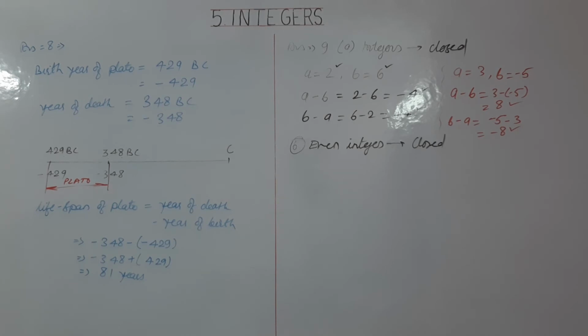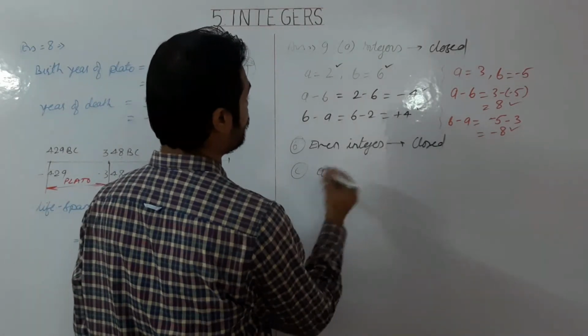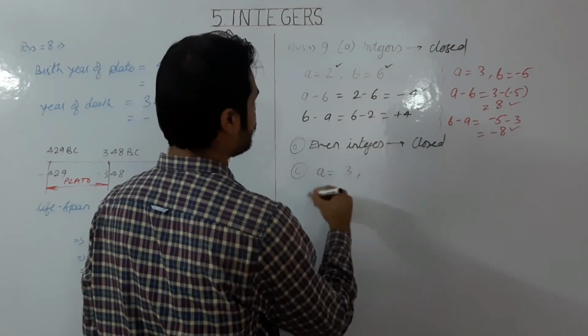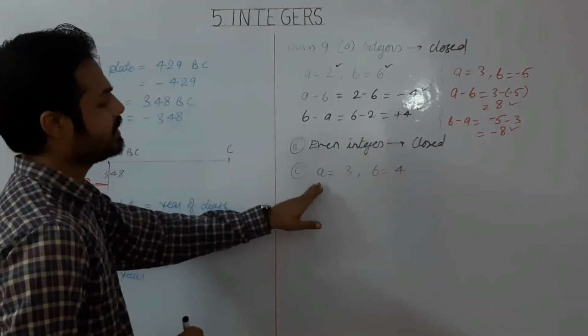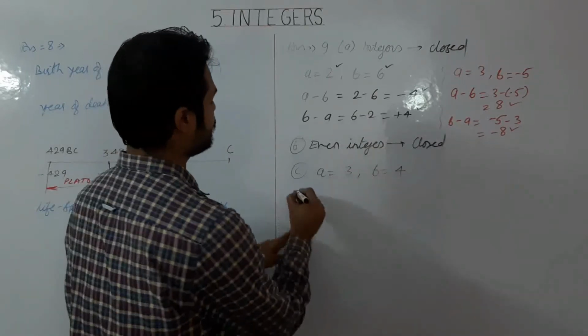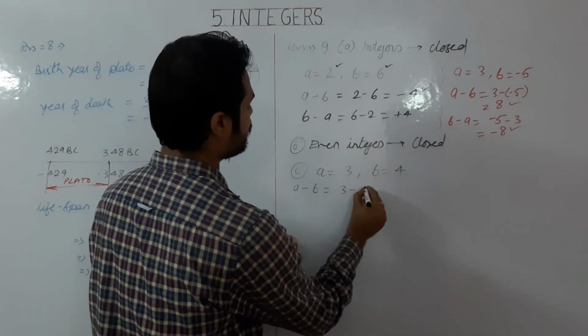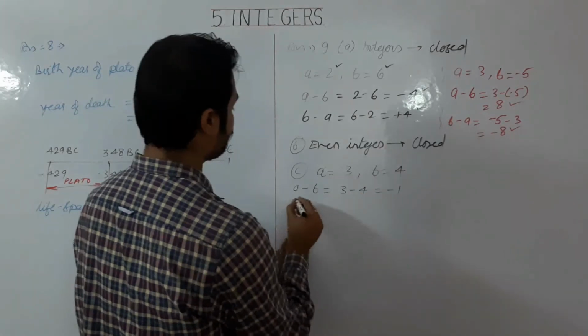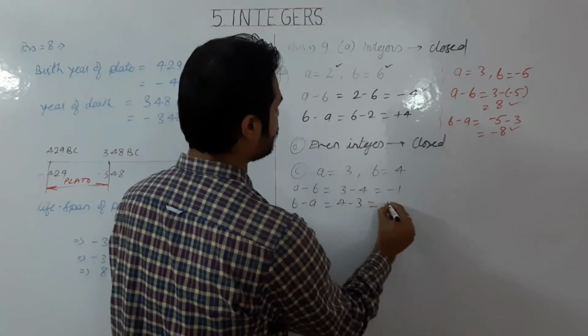Then whole numbers. Assume some whole numbers for part C. Value of A is a whole number, say 3, and B is also a whole number, say 4. Now, after performing subtraction, let's check. A minus B, 3 minus 4, is minus 1, and B minus A, 4 minus 3, is plus 1.